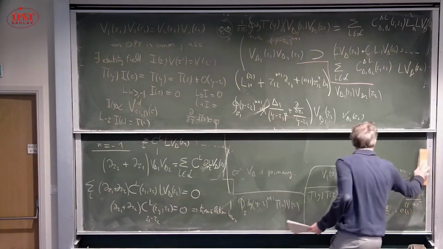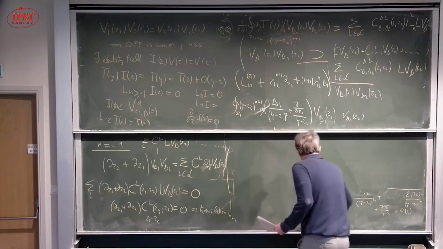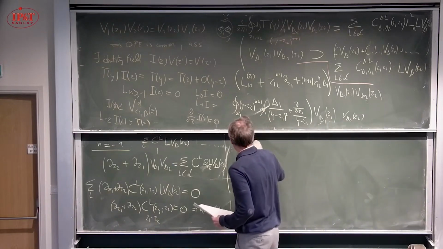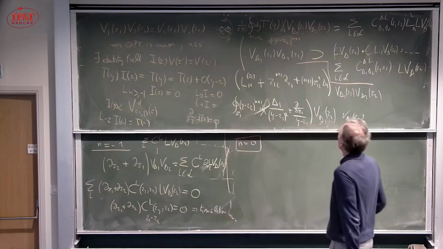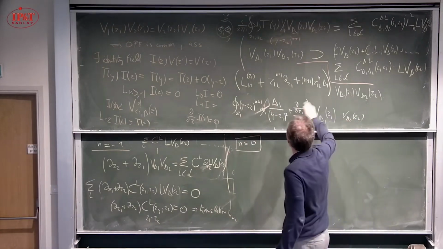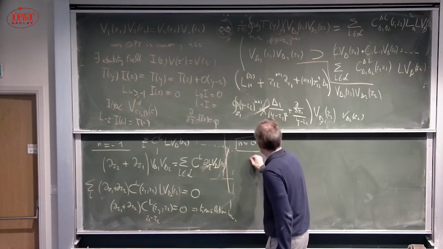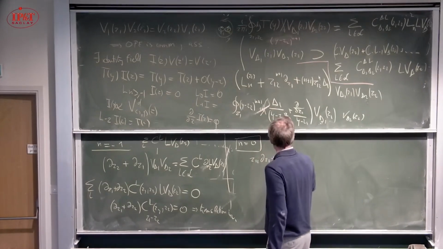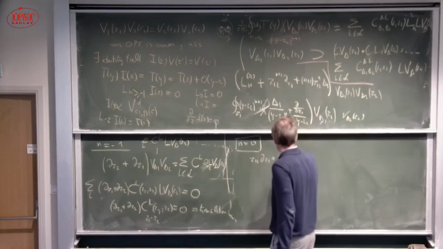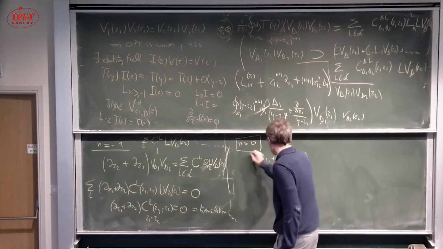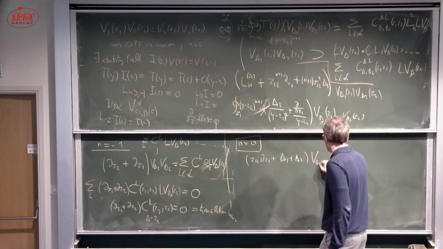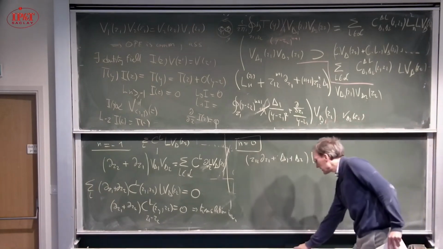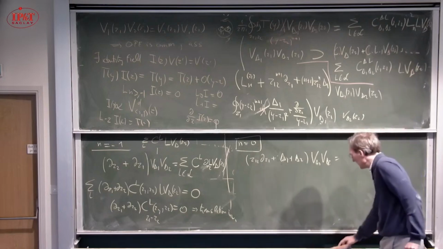The next case is n equals 0. So for n equals 0, this combination becomes z12 dz1 plus, well, there is nothing here, plus delta 1 plus delta 2, acting on v delta 1 v delta 2, which equals the right hand side that was over there with an L0.